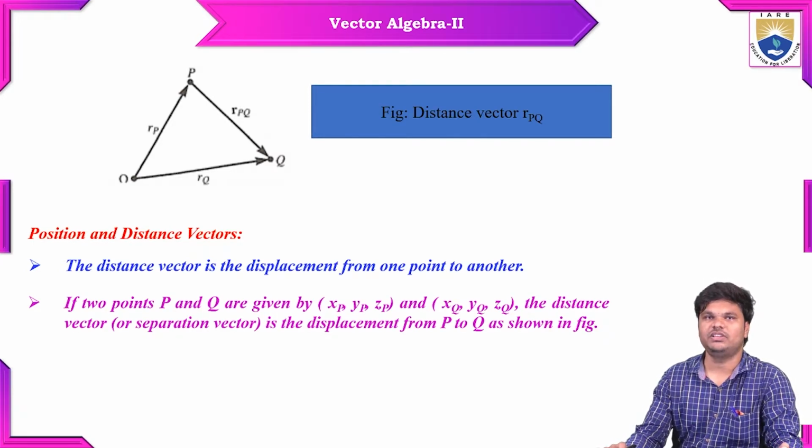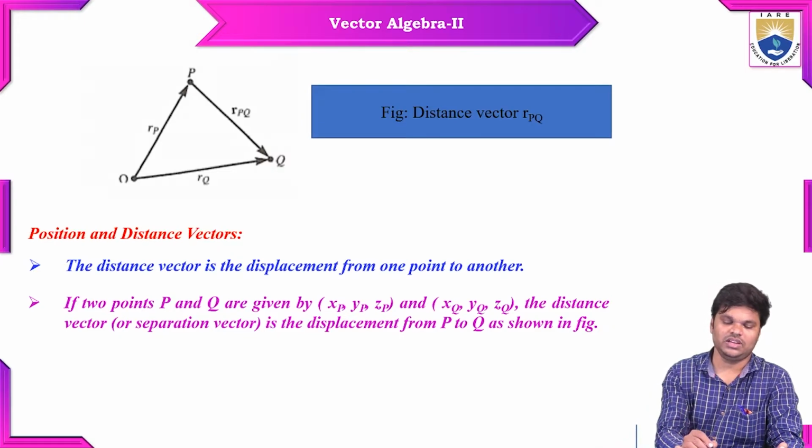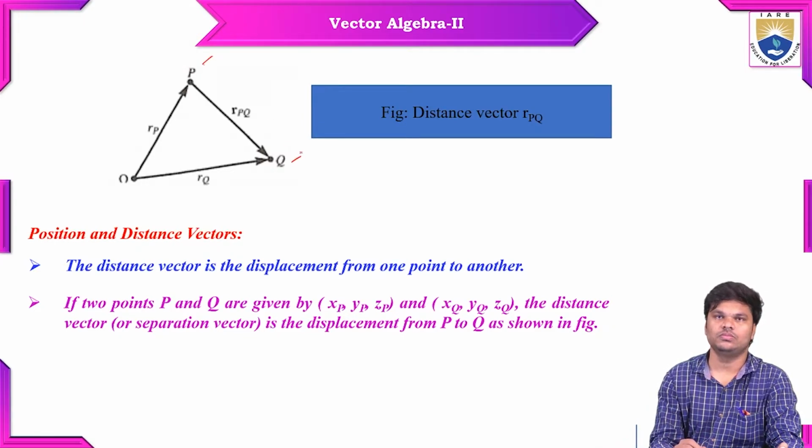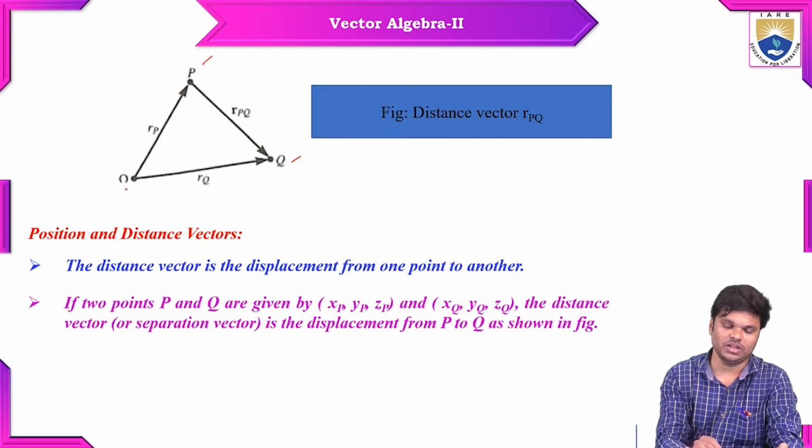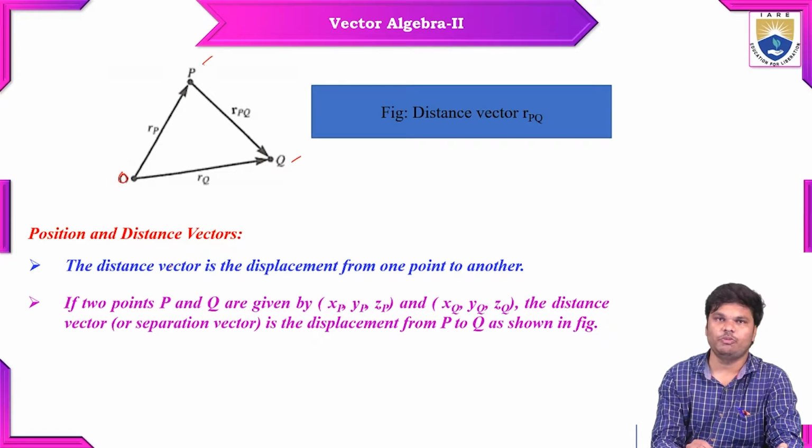What is a distance vector? Let's consider two different points in space, P and Q. The position vector of P is RP, and this one is the origin. The position vector of Q is RQ.